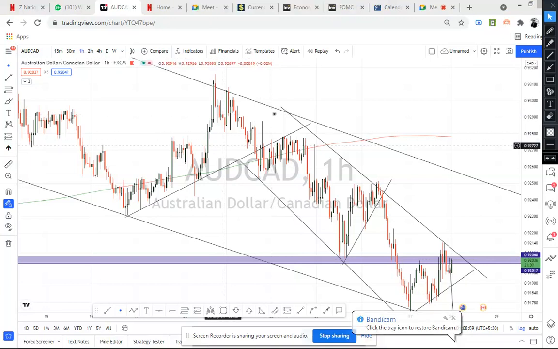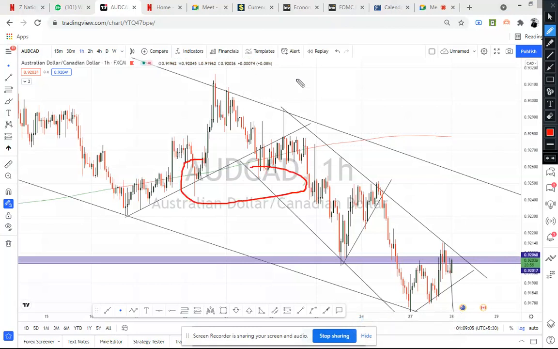For instance, let's say something happened to AUD and you want to trade AUD CAD. Then we go ahead and check Forex Factory or Investing.com. We look for the AUD currency index. We see that something is going to happen to AUD by 1:30.